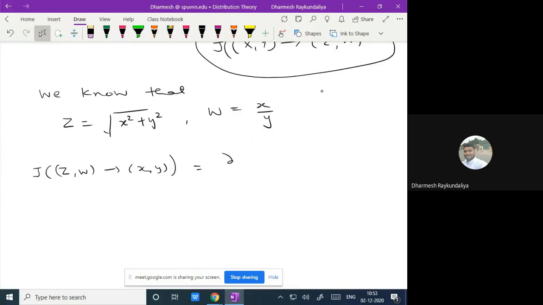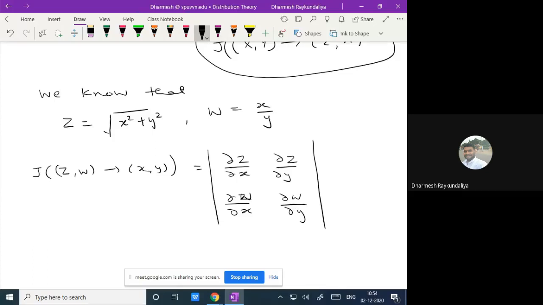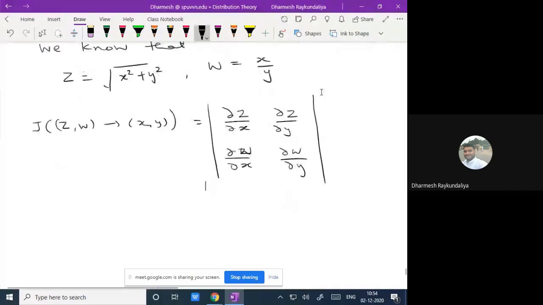It is nothing but del Z by del X and del Z by del Y. Similarly, del W by del X and del W by del Y. So what is the derivative of Z with respect to X?